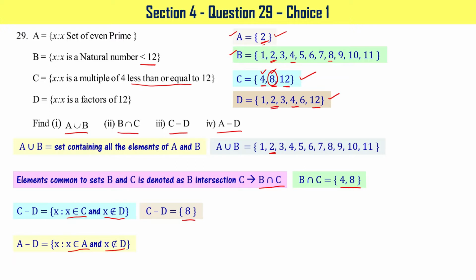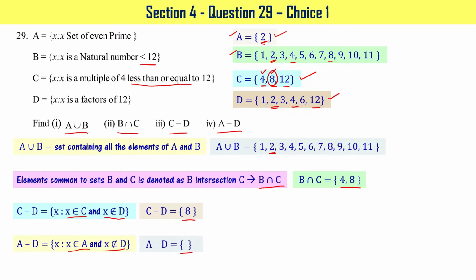It means A minus D is going to have no elements. That's why we write it as an empty set. A minus D is an empty set or null set.